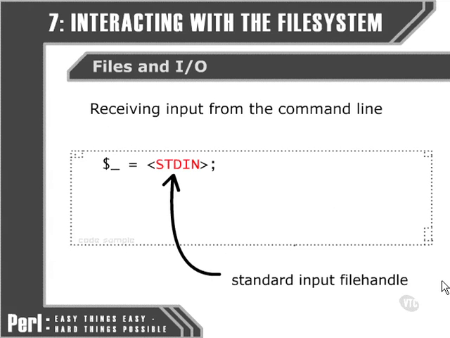And the standard input file handle, as soon as we reference it using the diamond operator to tell Perl to take in one line of text, effectively halts our Perl script and waits for the user to type in the line of text. And Perl will know that the line is completed once they've hit the enter key and that line has been finished off.